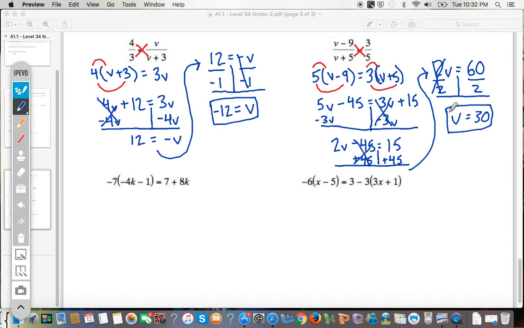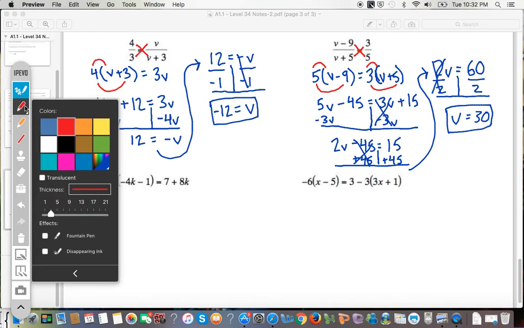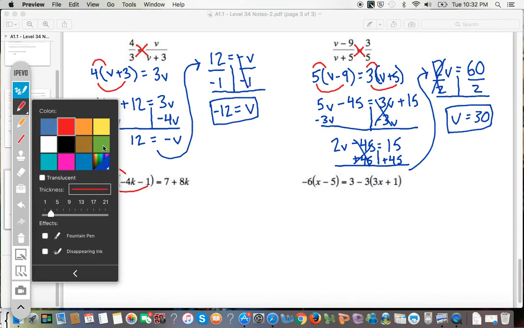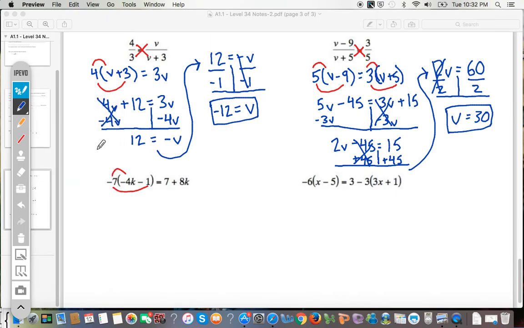Alright, so let's go down to this bottom one over here. So, as I said, I like to distribute first. So let me draw my lines for what I need to multiply. So, I have negative 7 times negative 4k.